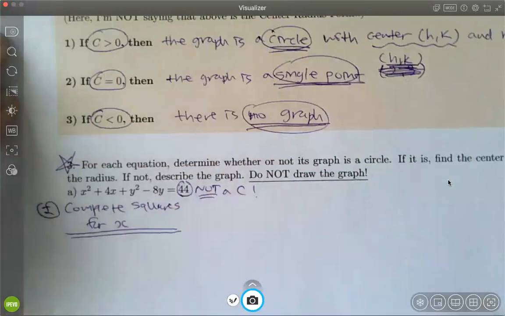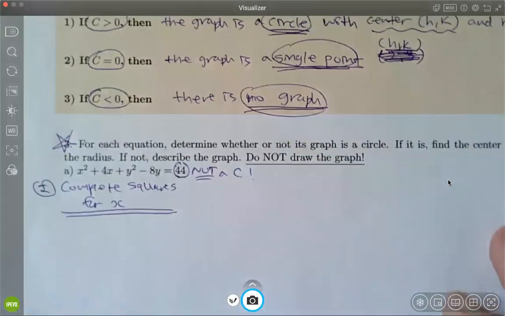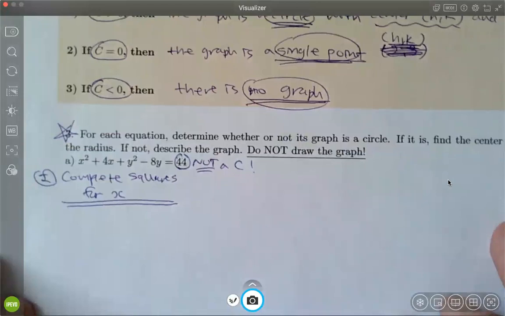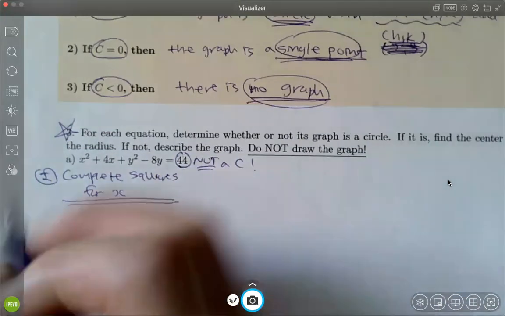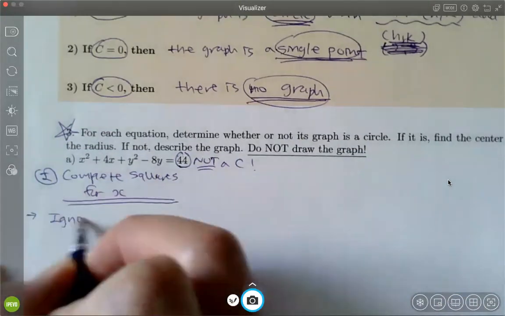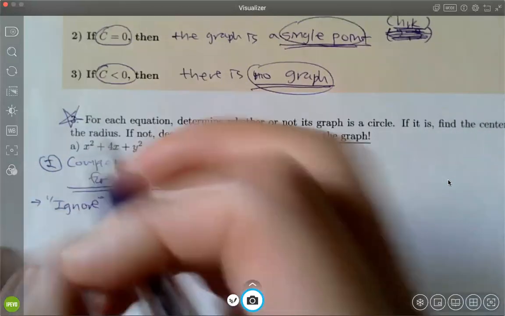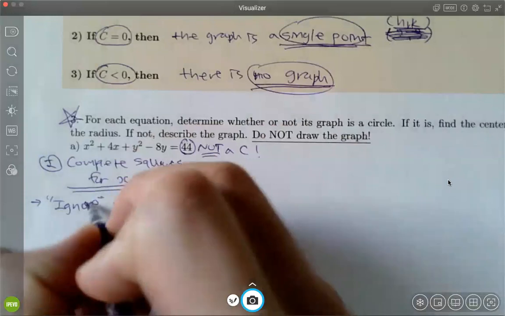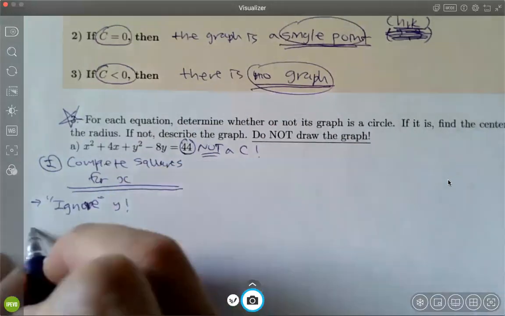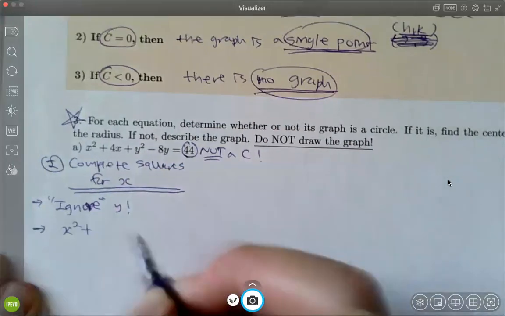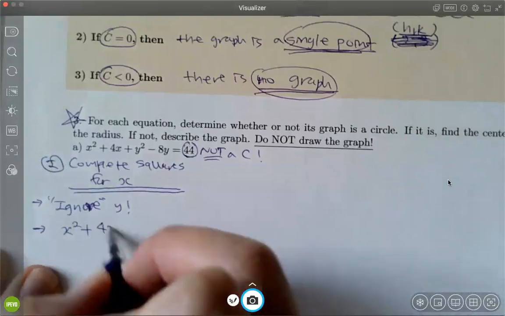So now, how do you complete the squares for x? The scheme is, we will first ignore all the y's for now. So what does that mean? Let's look at x squared plus 4x is equal to 44.